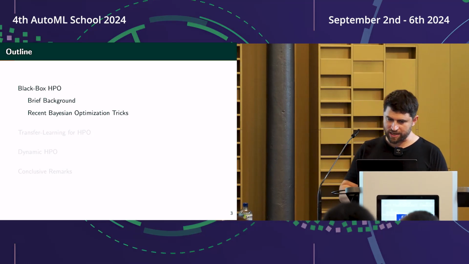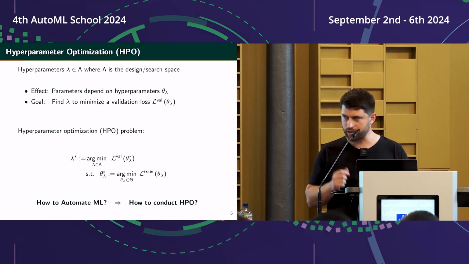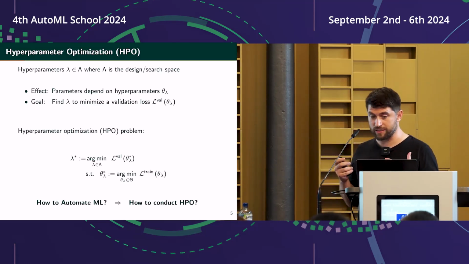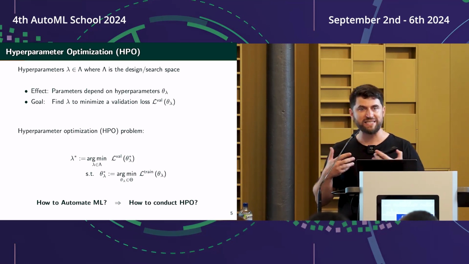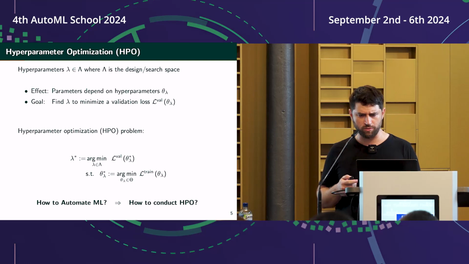So let's start with some brief background. The task of hyperparameter optimization is, as most of you are familiar with, a very crucial problem and still an open problem for the machine learning community.